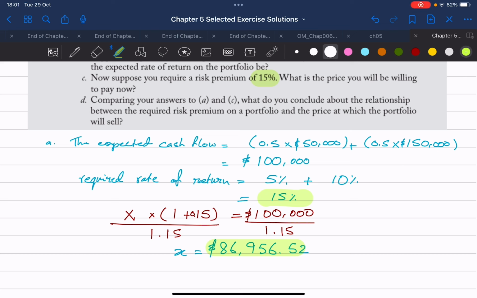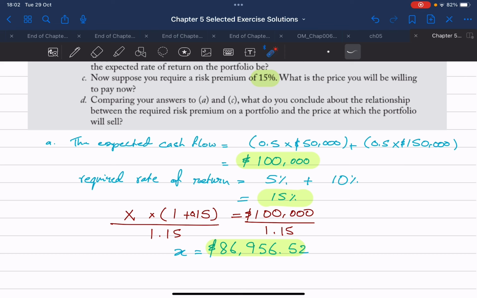Because if they pay anything more than that, the 100,000 that they generate is going to give them a return of less than the 15% that they require. Okay. I hope this part is clear, because this part really depends on your understanding. It's not difficult to figure out mathematically, but a lot of students don't really understand what it means. I'll try to give you another example to hopefully make it simpler.